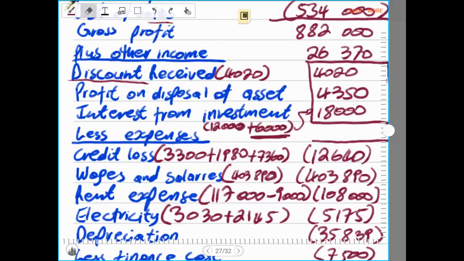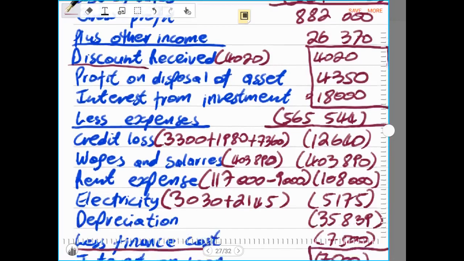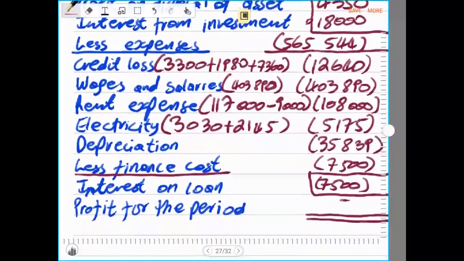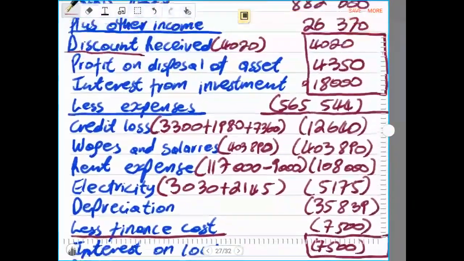Therefore now under our expenses we will have 565,544 total expenses, all of them, from credit loss up to the finance cost.